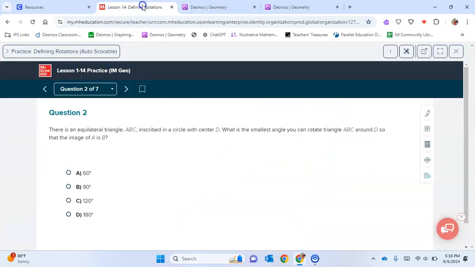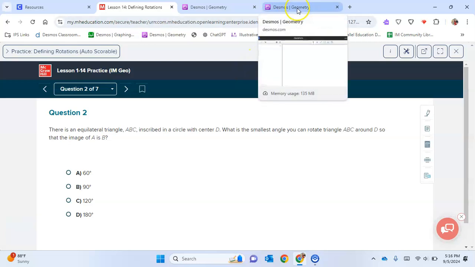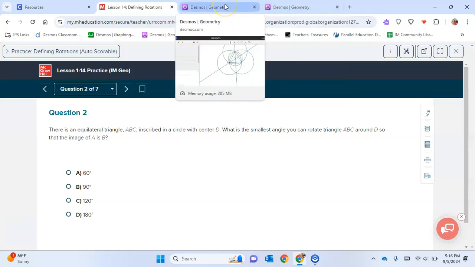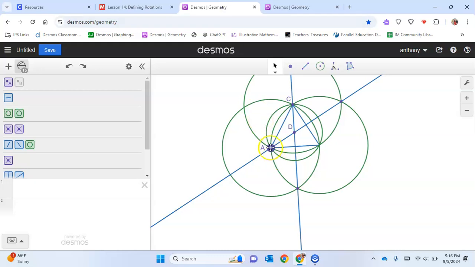It wants to know what's the smallest angle you can rotate ABC around D so that the image of A is B. Well, it is a triangle, and so 360 divided by 3 is 120. So let's try a rotation of 120 to make A be point B. So I'm going to select point A and rotate it.